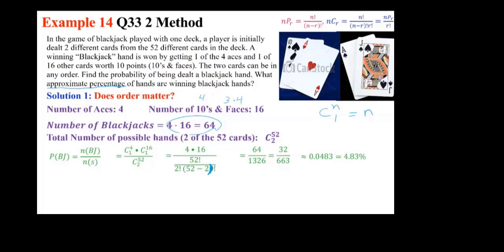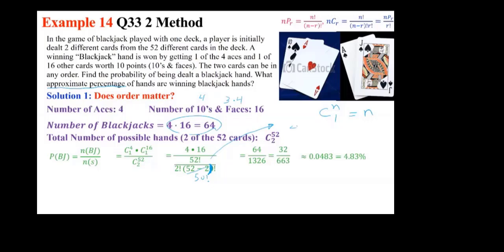Now, before we move on, I want to show you actually how to simplify this fraction if you want to do this. So first and foremost, this is 50 factorial. I'm looking at the bottom, which is 52 factorial over 2 factorial times 50 factorial. You can bring the 2 factorial and the 50 factorial to the top. This fraction, again, I'm showing you a complex fraction in case.